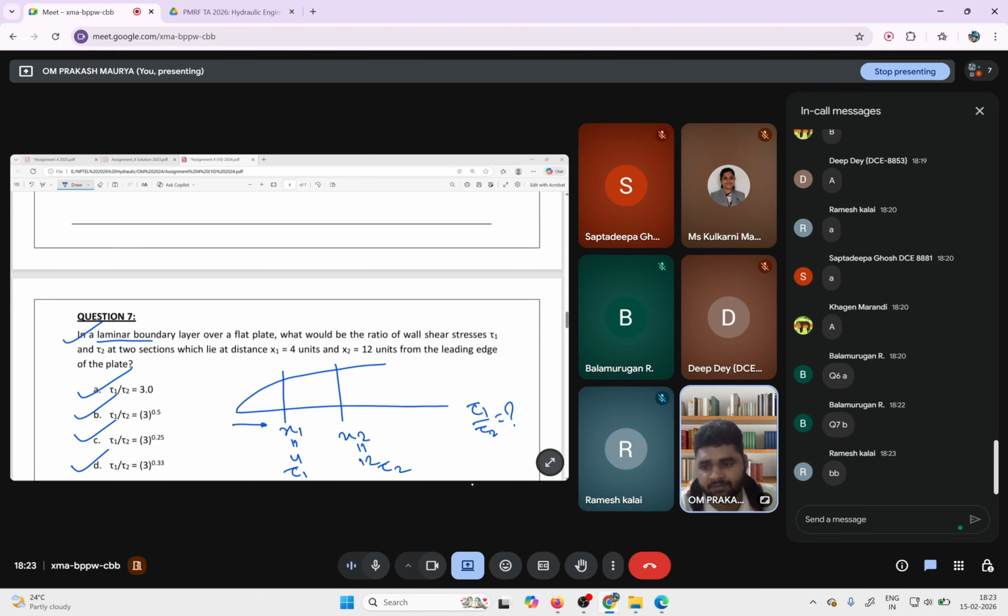Okay, Ramesh is also telling B option, 3 to the power 0.5. Okay, so let me just show you.